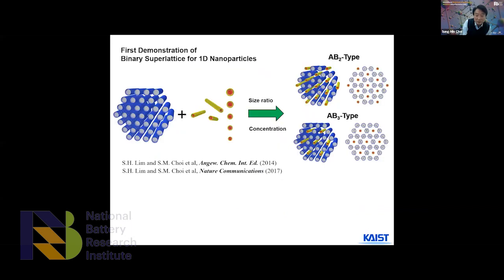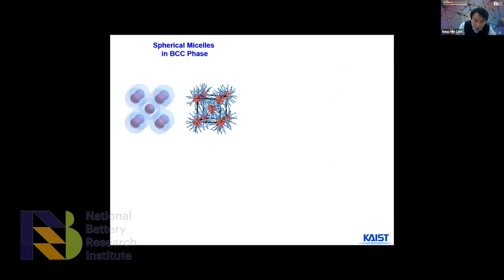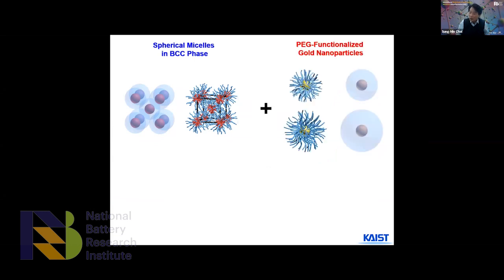Now, let me skip that. And now the question is, can we use this kind of approach for solid nanoparticles? For example, inorganic nanoparticles, such as gold nanoparticles. So we tried the spherical micelle system as a basis, because we would like to demonstrate this with spherical gold nanoparticles.